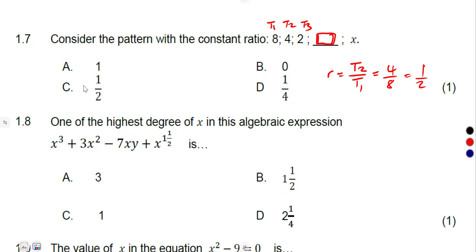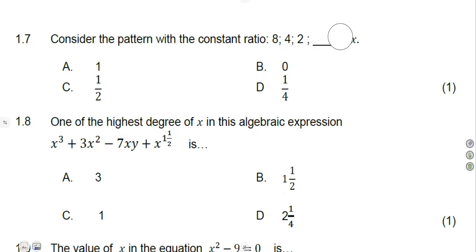So if you have got that as your answer to say my constant ratio is 1 over 2, or maybe you used another concept of your terms, you consider that from this one to this one, I multiply by 1 over 2. To get this one, I multiply by 1 over 2.